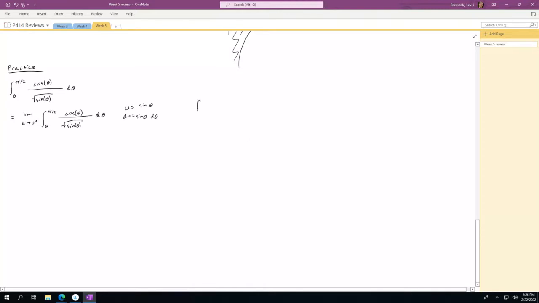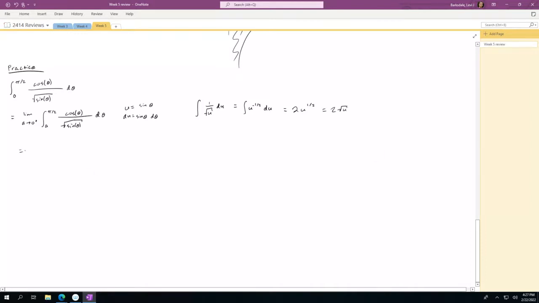So this becomes the integral now of 1 over square root of u, which is the integral of u to the minus 1/2, which we can just use the power rule on, which becomes 2u to the 1/2, or 2 square root u.